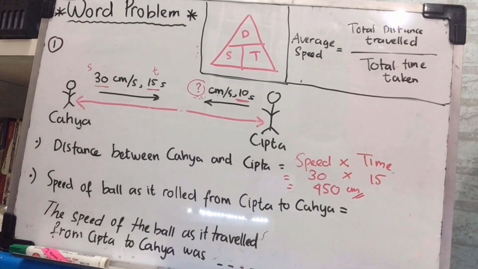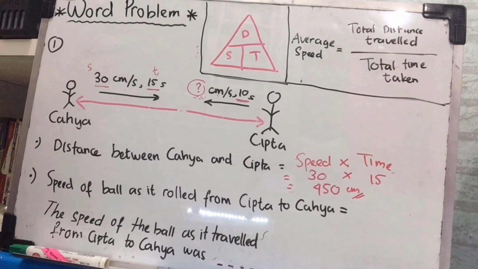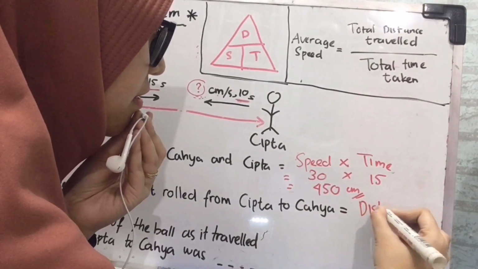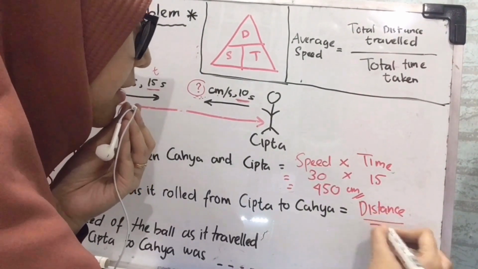After that, we can find the speed of the ball as it rolled from Cipta to Cahya. As we know, the way to find speed is the distance divided by time.